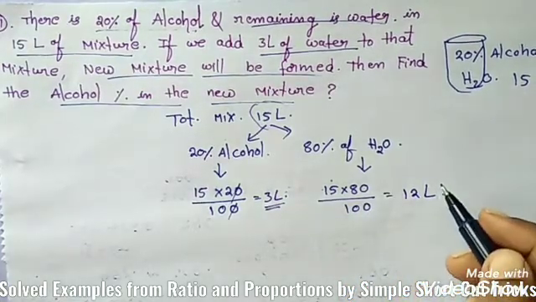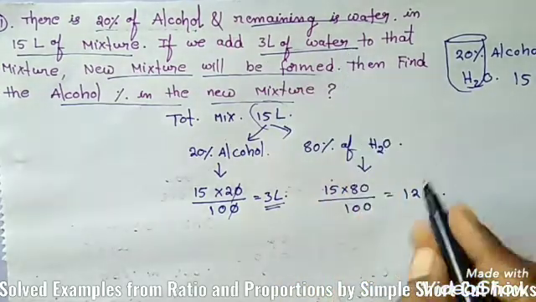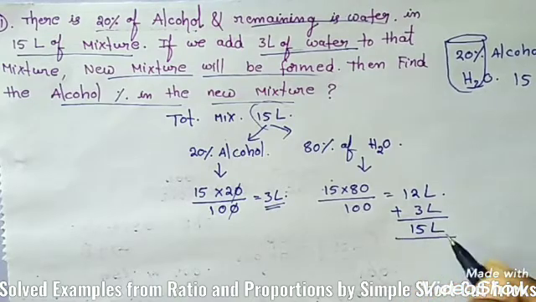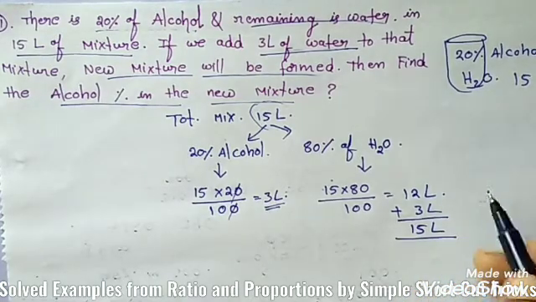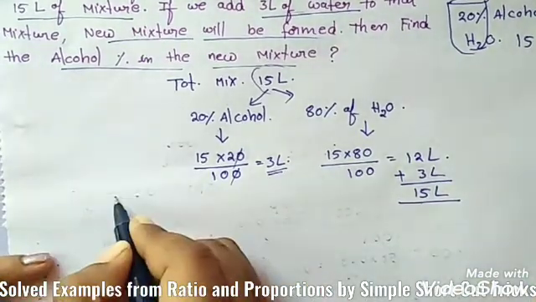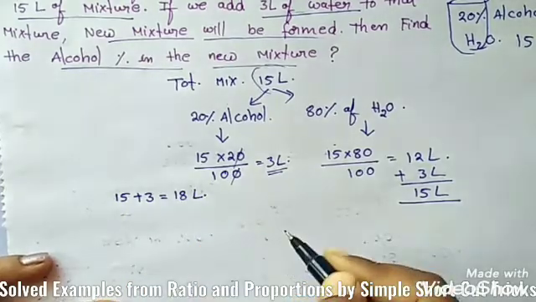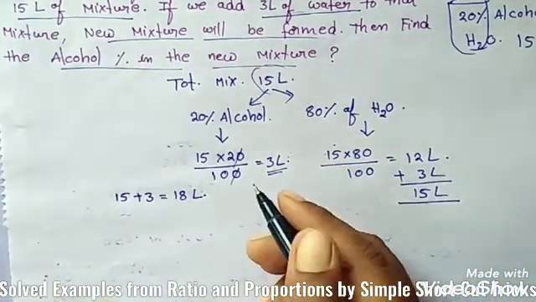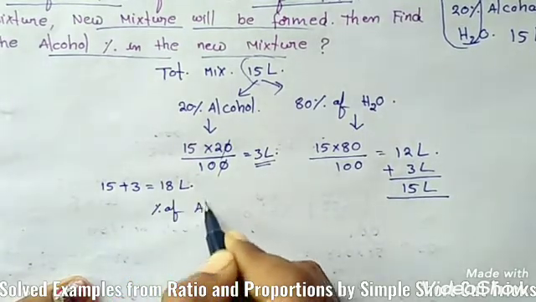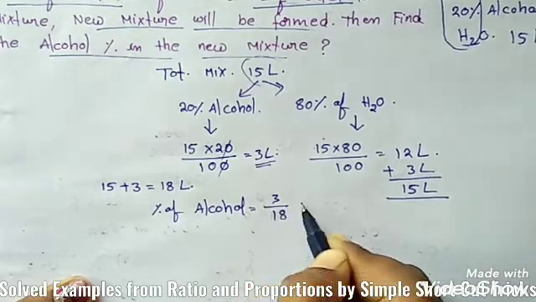To this mixture, if you add 3 liters of water again, so plus 3 liters. Now what is the new mixture? The new mixture means 15 plus 3, 18 liters of new mixture. In this new mixture we have to find the percentage of alcohol: 3 by 18 into 100.